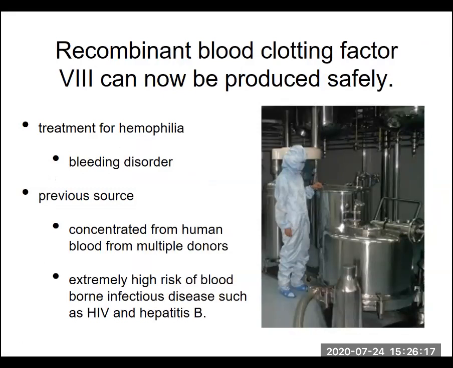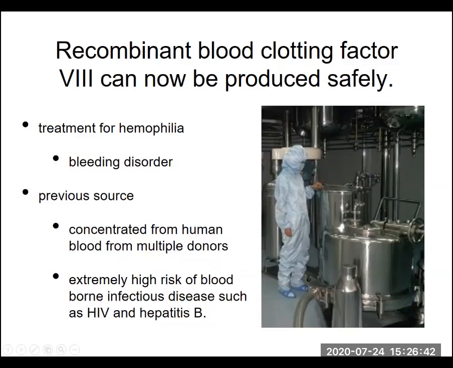They'd have to concentrate blood from multiple donors to get the clotting factors that they need. If you remember, in the 80s, there was a high risk of infectious diseases such as AIDS, HIV, and hepatitis B. And so patients with hemophilia were at very huge risk for getting some of these infectious diseases.